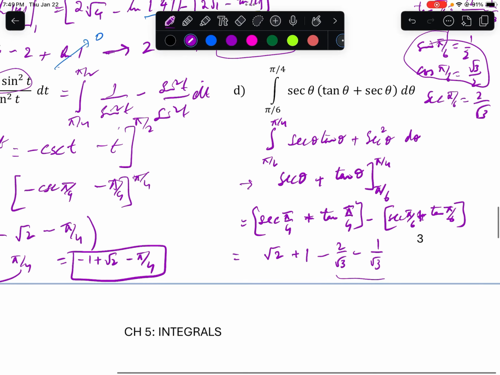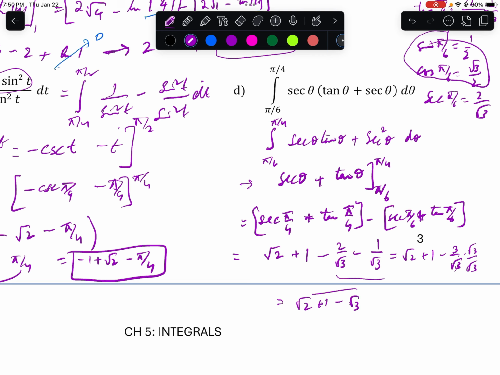So we get square root of 2 plus 1 minus 3 over square root of 3, which actually can be simplified by rationalizing this one. So we end up getting square root of 2 plus 1 minus square root of 3. That is the answer. So this is how we do the definite integral. Let's stop now.